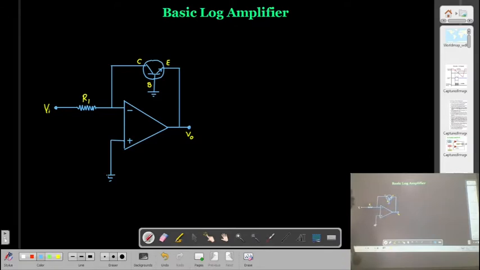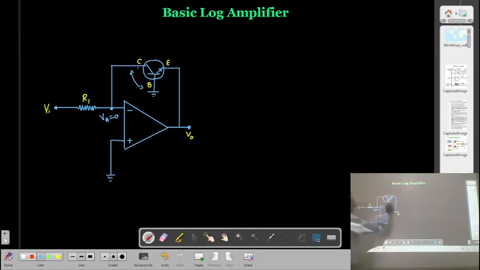So according to the concept of a virtual short or virtual ground, the potential at this point, VA, will also be equal to 0. So the collector voltage is 0. Now the base is also connected to the ground, so the voltage across this is 0 volt.